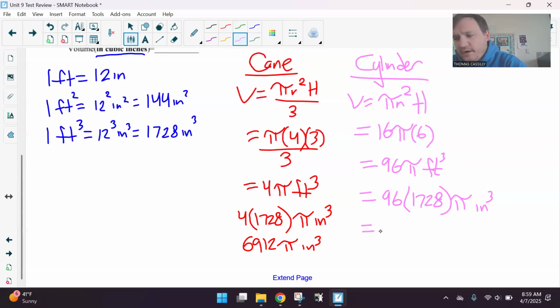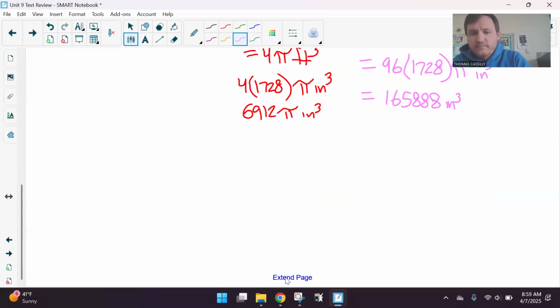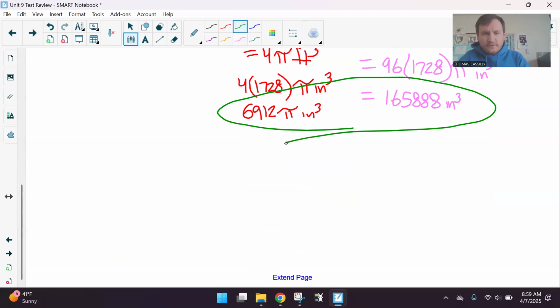Oh, that's a big number. So the volume in cubic inches, just add those two together.